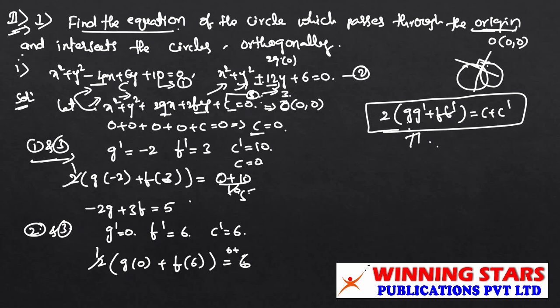Dividing by 2, 6f is equal to 3, so f is equal to 3 by 6, which means f is equal to 1 by 2.